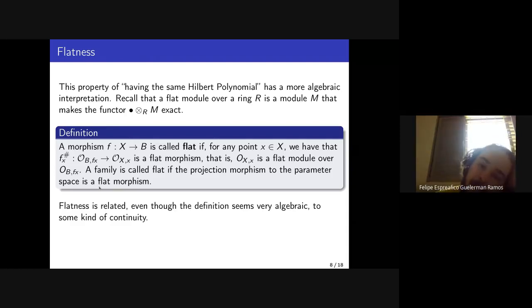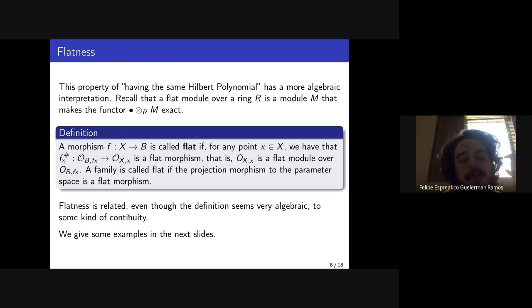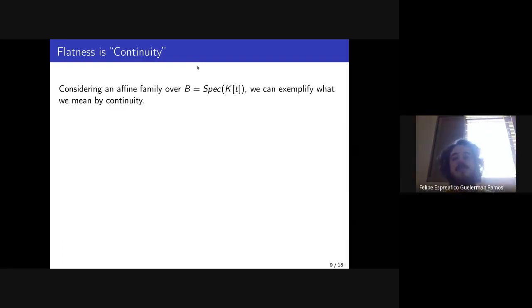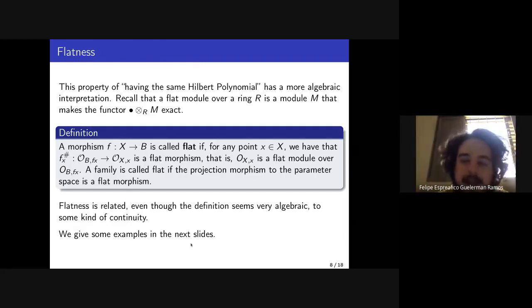So the idea is that flatness is related to some kind of continuity. And that's why it encodes this nice property of having similar schemes in its family. So let's see some examples and understand why it's related to continuity.